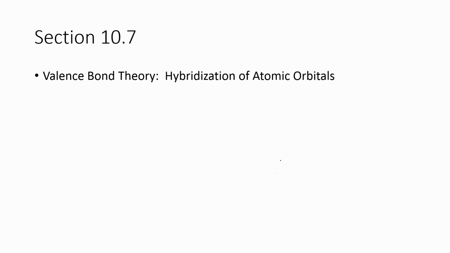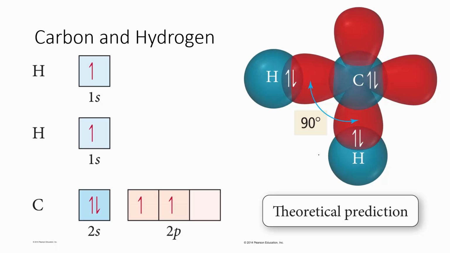In 10.7, we talk again about valence bond theory, and we expand on the unhybridized orbital aspects of it that we saw in section 10.6 to start talking about the hybridization version of valence bond theory that we're now going to see in this section of the chapter. So if we look at carbon and hydrogen and how they might bond, we could say, all right, we have two orbitals that don't have paired up electrons in carbon's 2p level.